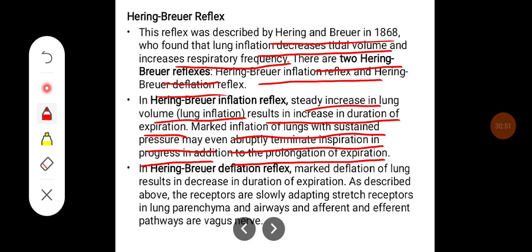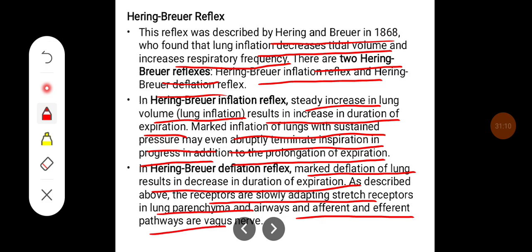In the Hering-Breuer deflation reflex, marked deflation of the lung results in a decrease in the duration of expiration. As described above, the receptors are slowly adapting stretch receptors in the lung parenchyma and airways, and the afferent and efferent pathways are the vagus nerve.